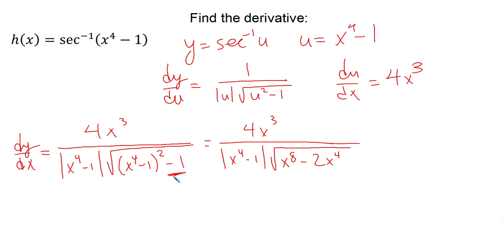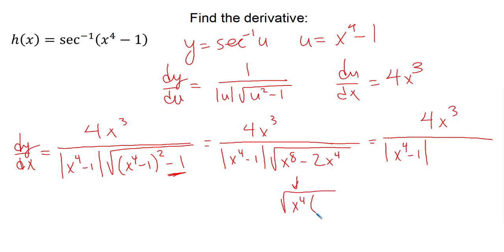And then we should be able to do a little extra simplification here. x to the fourth minus 1. And then we could rewrite this. This term right here is the same as x to the fourth times x to the fourth minus 2. Right?